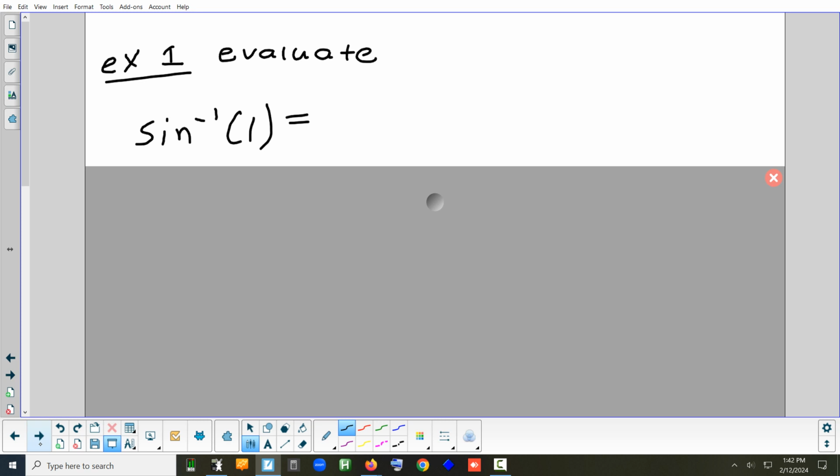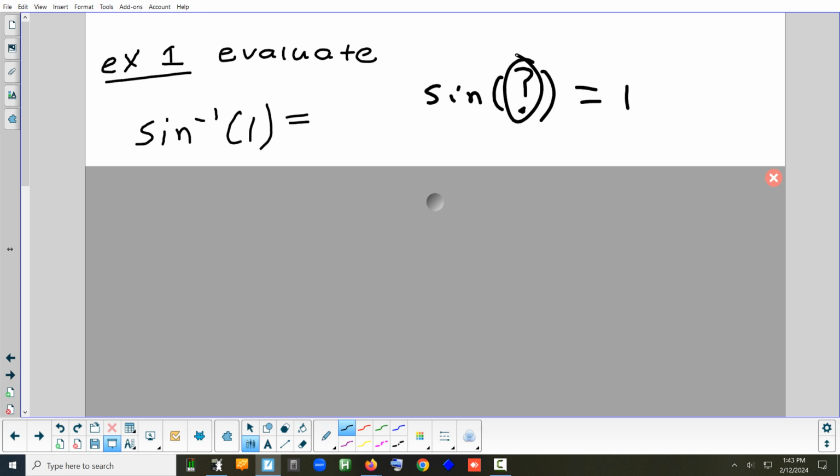Another way of thinking about that question is basically saying the sine of question mark equals 1. So the sine of what angle comes out to 1? I want you to tell me the question mark. What angle can you take the sine of and get 1 as the answer?